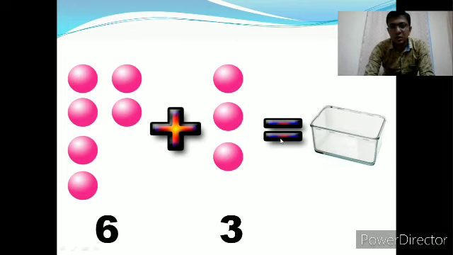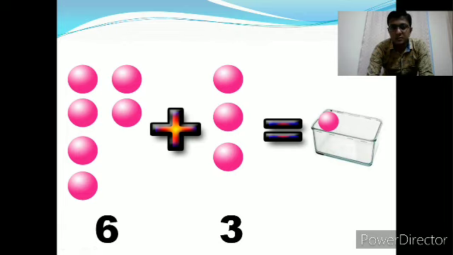I want to put all these 6 and 3 balls together in a basket. Let us see what the count is. So 6 plus 3. I will just place these 3 balls first, and after that these 6 balls. 1, 2, 3, or you can say in reverse also.